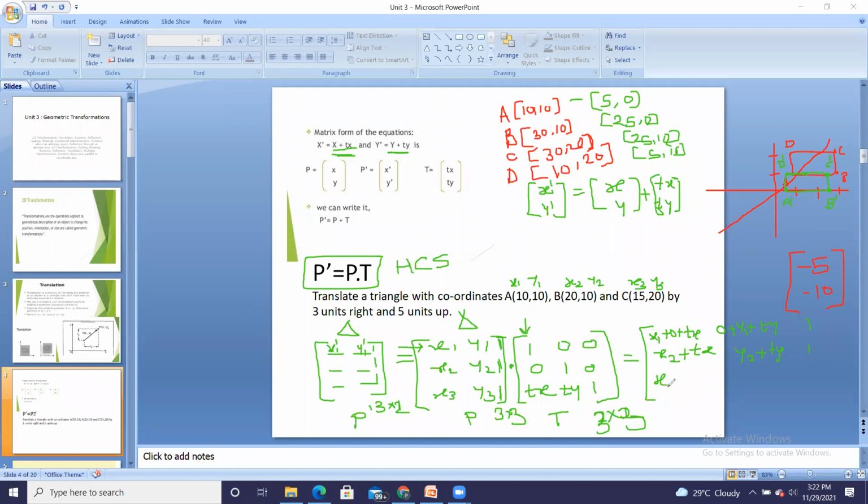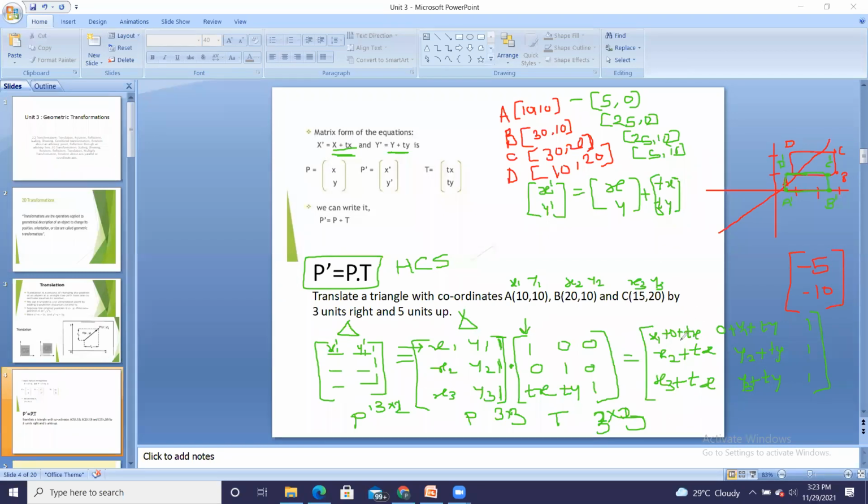Similarly, the third row is x3 plus Tx and y3 plus Ty, and 1 as it is. So the resultant triangle will have the translated coordinates.